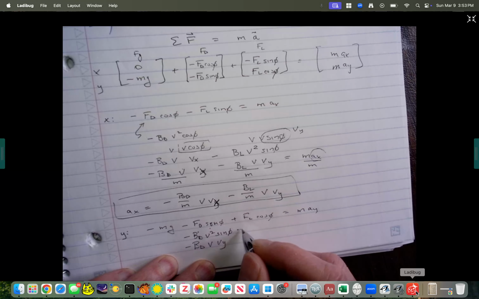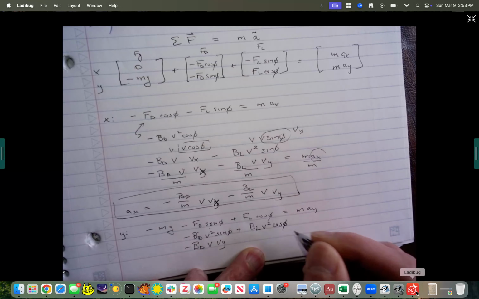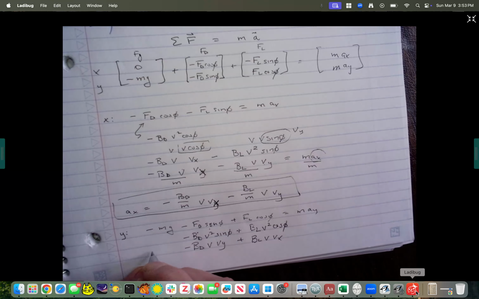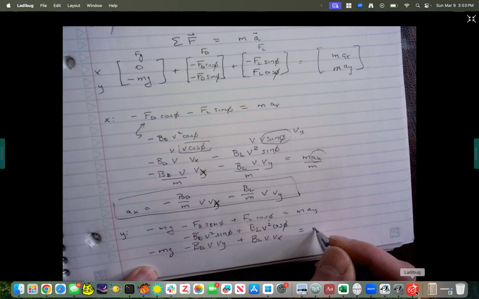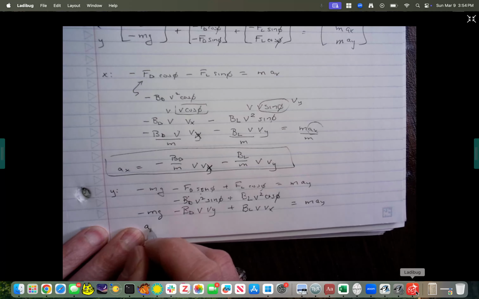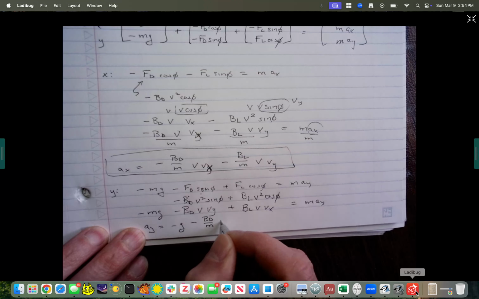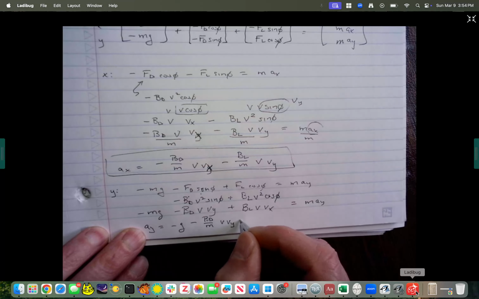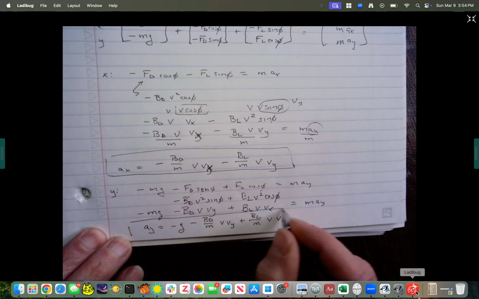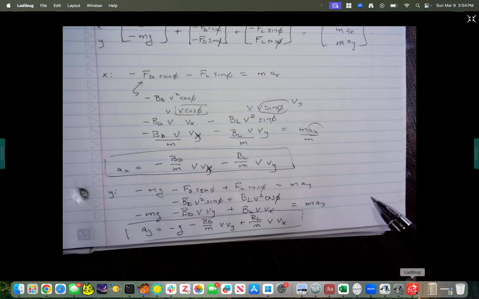And then here we have b_L v squared cos phi, and that's going to be b_L v_x, and we still get our minus mg equals m a_y. Divide through by our mass, and we get a_y is minus g minus b_d over m v_y plus b_L over m v_x. Okay, so that gives us our x and y accelerations during the flight part of the jump.